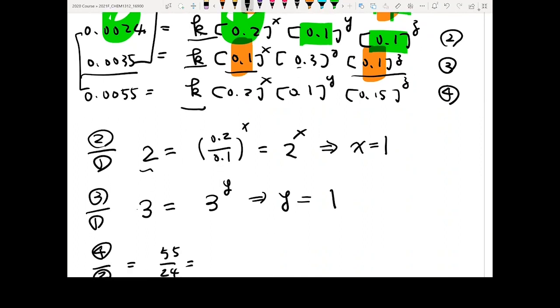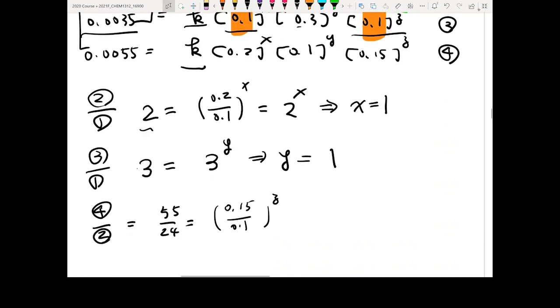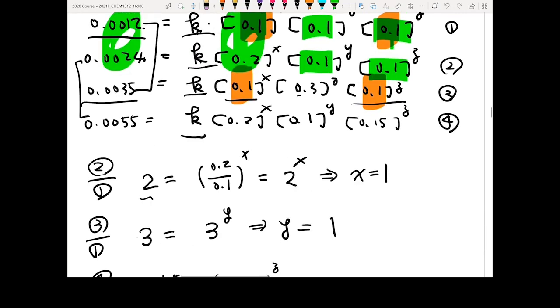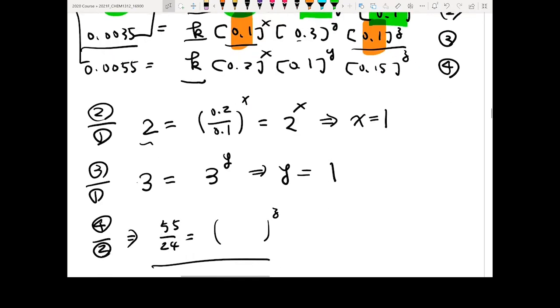And then you have 0.15 divided by 0.1 raised to the z's power. Okay, so if you do this, you get these equations, right? So this is equal to 1.5 to the z's power.